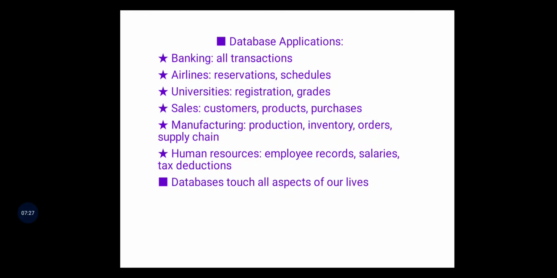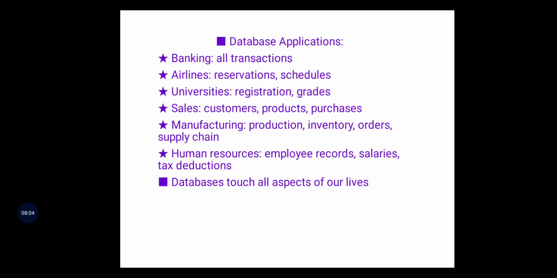In manufacturing, production, inventories, orders and supply chain: what is produced, what is the inventory, what is the order, who is the supplier, how much supplied material is received, when, on what date, and what is the amount, all are saved through the database. After every year we can use that data for many purposes.